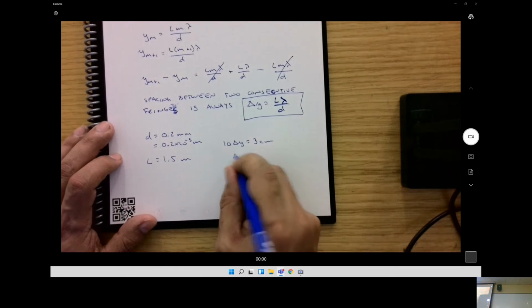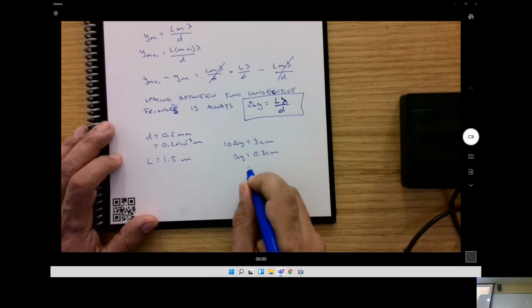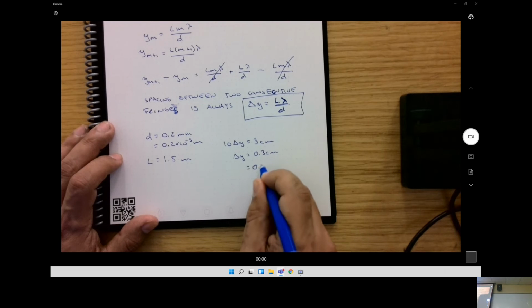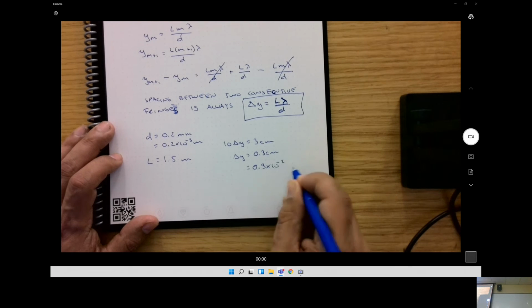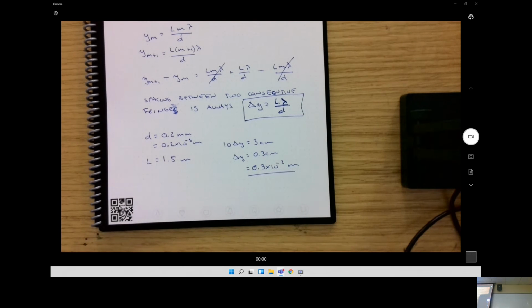So delta y is 0.3 centimeters, or 0.3 times 10 to the minus 2 meters. Okay, so there you go. Try to solve this one.